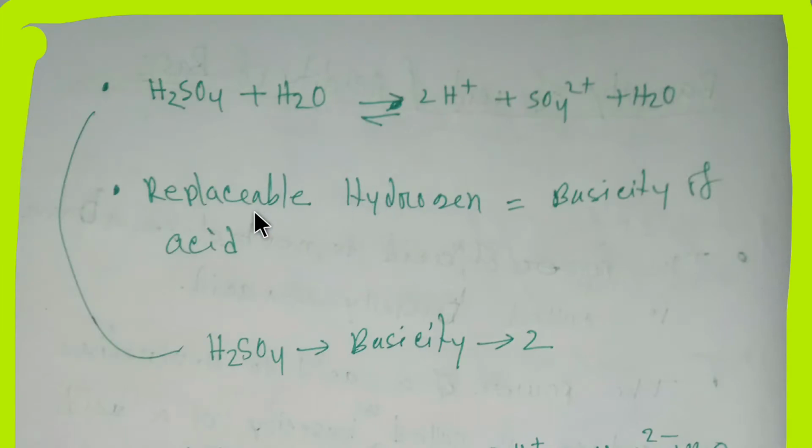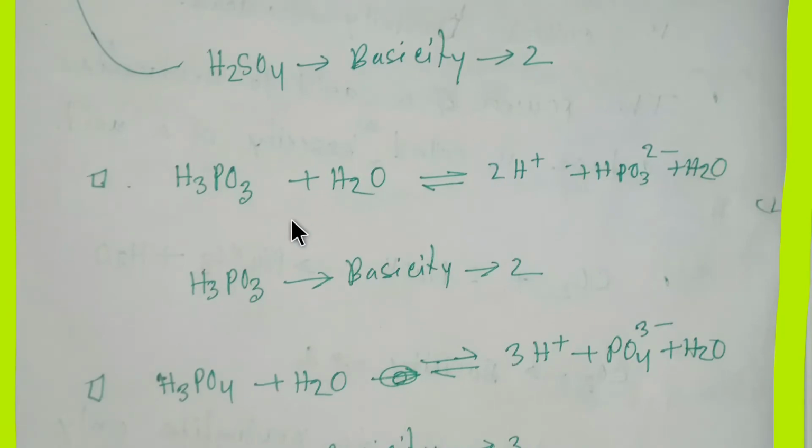Well, the basicity of acid is equal to replaceable hydrogen. Here you know that sulfuric acid, if you add water to sulfuric acid, then you are getting two replaceable hydrogen. That's why the basicity of sulfuric acid is 2.